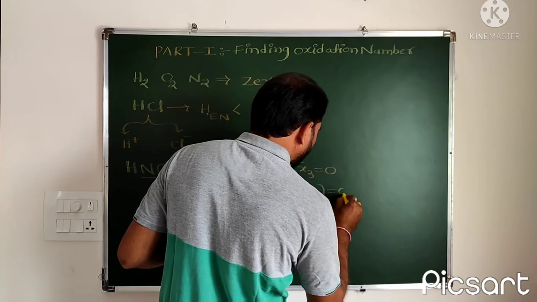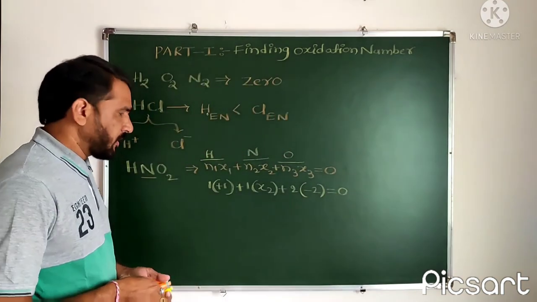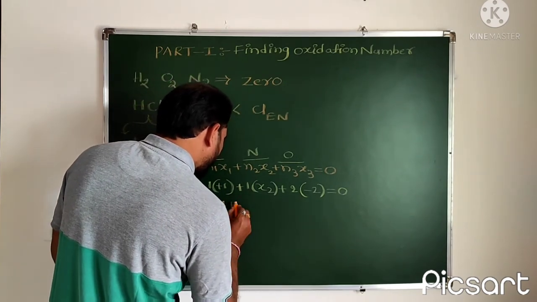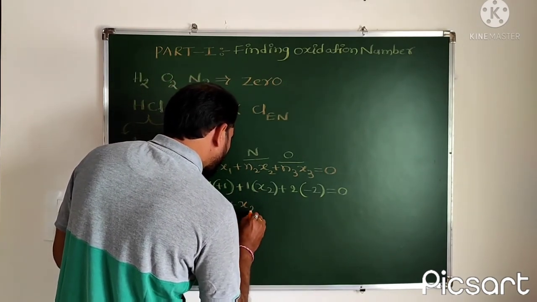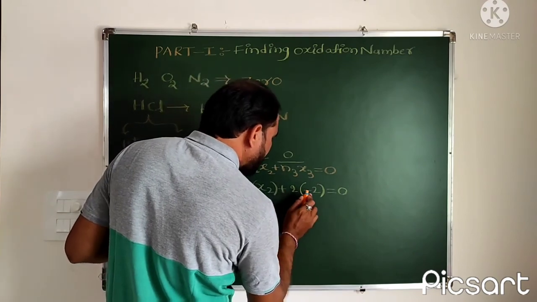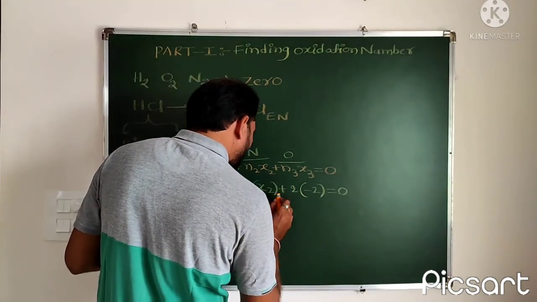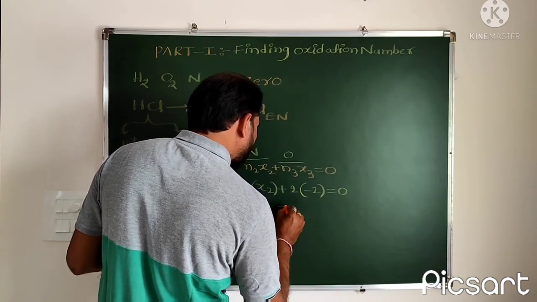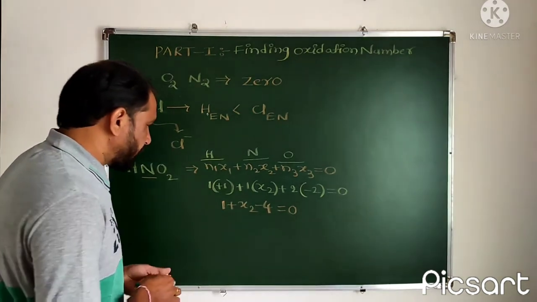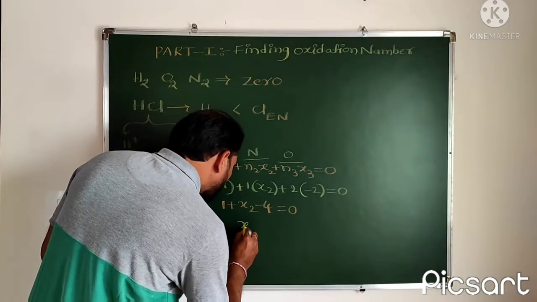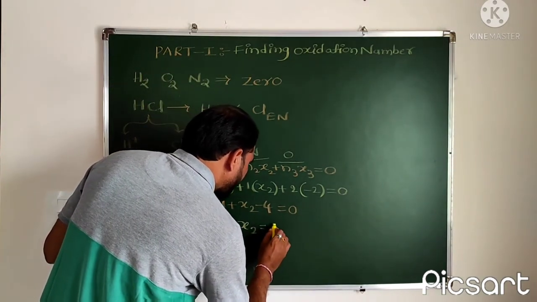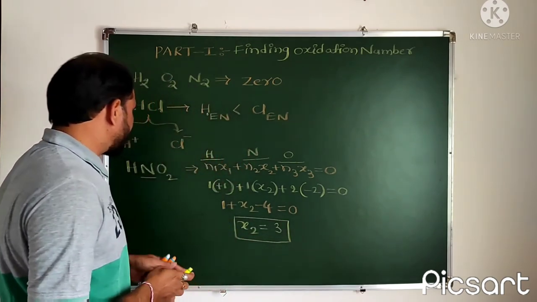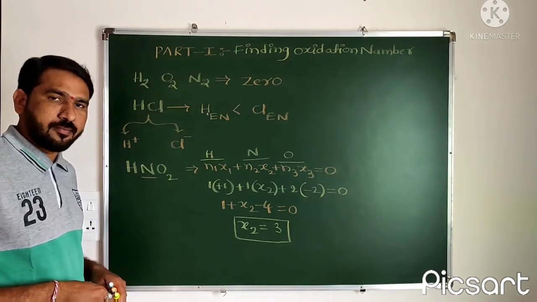That is equal to 0. Okay, then here 1 into plus 1, 1 plus 1 into X2, X2, plus 2 into minus 2, which is minus 4, that is equal to 0. Therefore, here X2 is equal to 3. So plus 3 is the oxidation number of nitrogen.